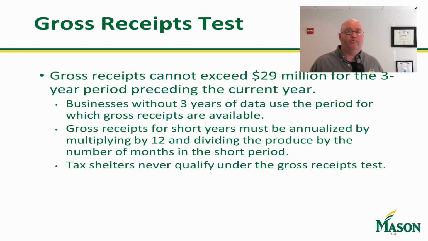Most businesses, when they first start out, won't have that, because usually they don't have much money coming in at first. But once they get up and running, they can easily do this. Now, it depends. If you've got a joint venture between, say, IBM and Starbucks, that might have gross receipts of more than $29 million on day one. So don't just say, oh, a first-year business can't qualify. That's not true.